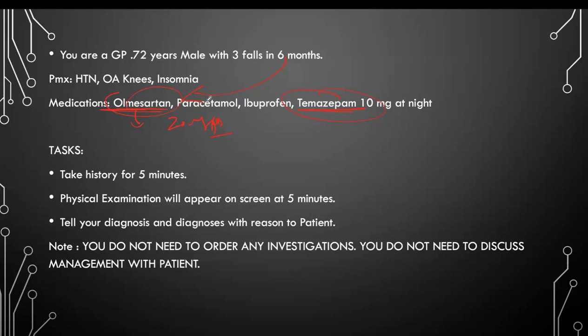And in this case, your diagnosis will be postural hypotension, and then you will give the reason as olmesartan increased dose causing it. You'll explain what is postural hypotension, as we discussed in the class, that postural hypotension is a drop of blood pressure in relationship to change of position. Most importantly, when you change your position from lying to sitting or sitting to standing.